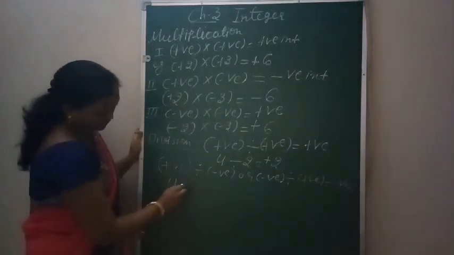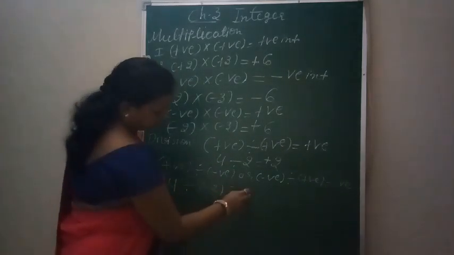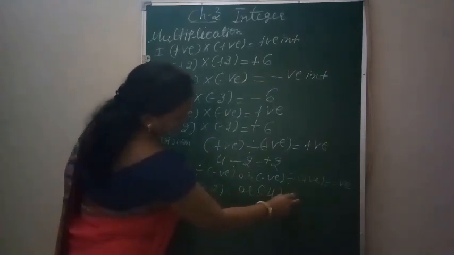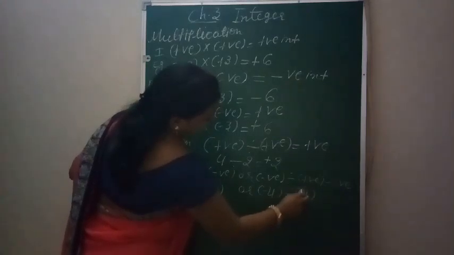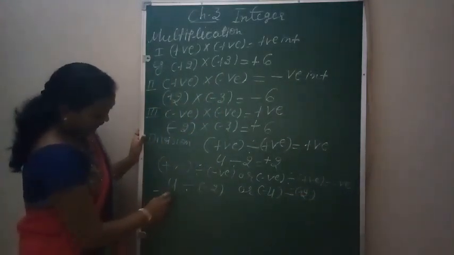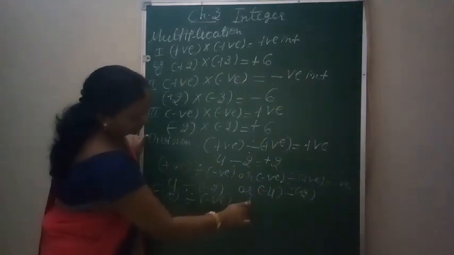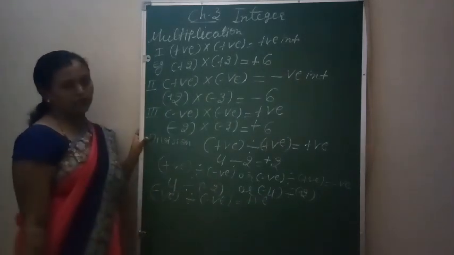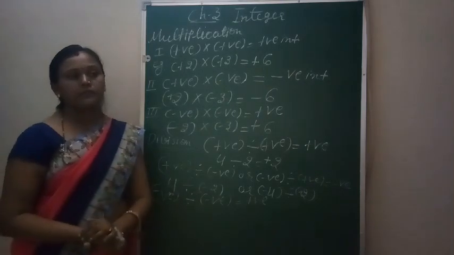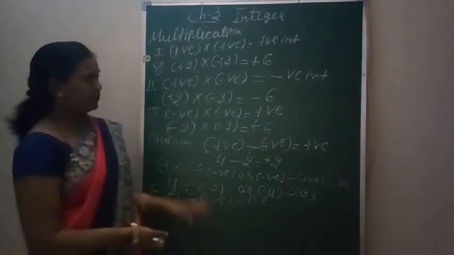It means 4 divided by minus 2, or minus 4 divided by plus 2. The third one is a negative number divided by a negative number, and our answer will be positive. It means minus 2 divided by minus 2, so your answer will be positive.